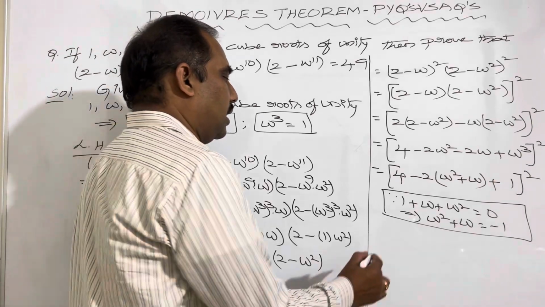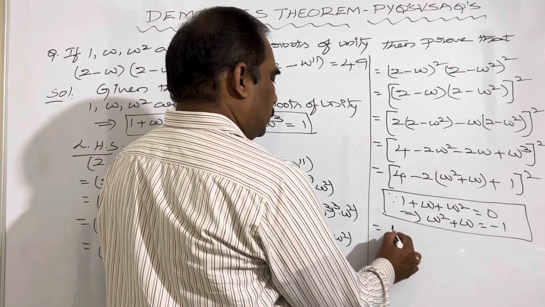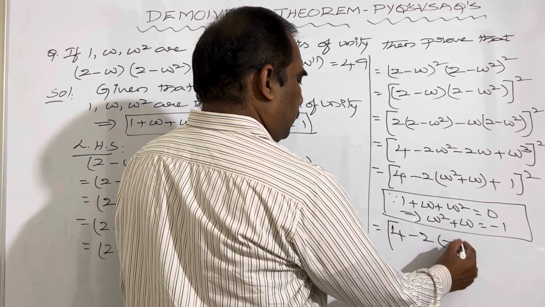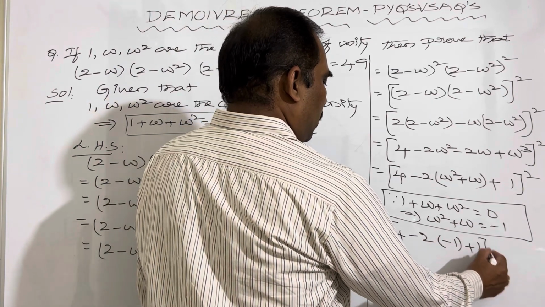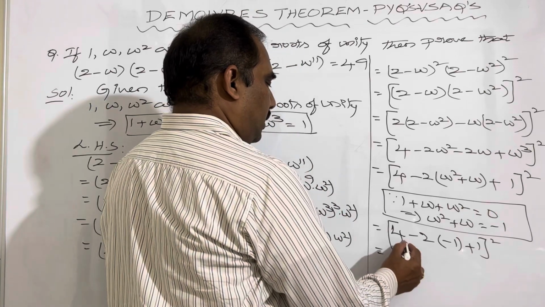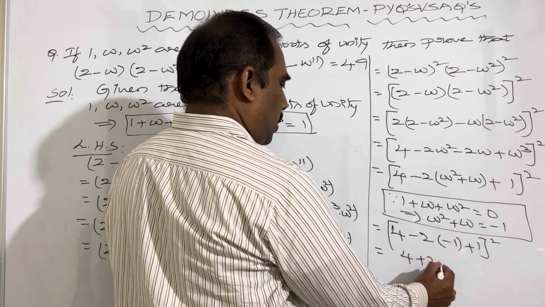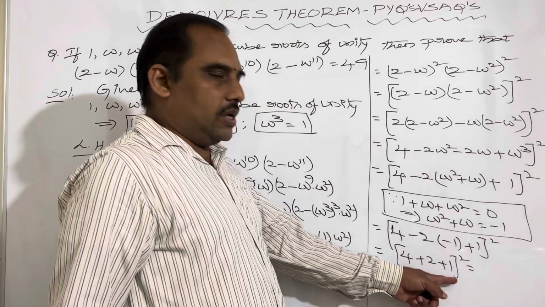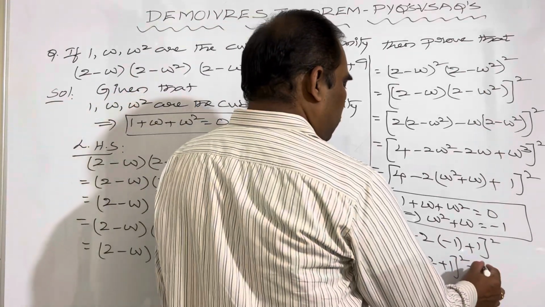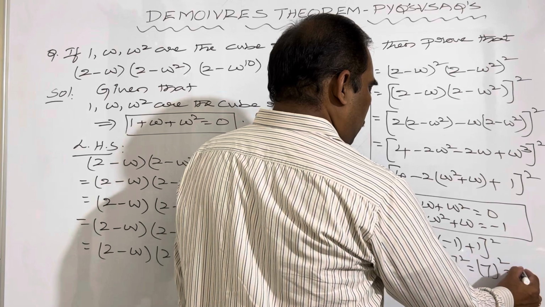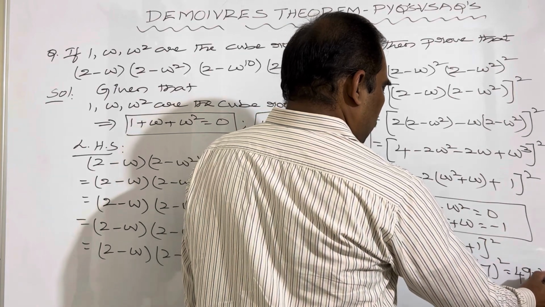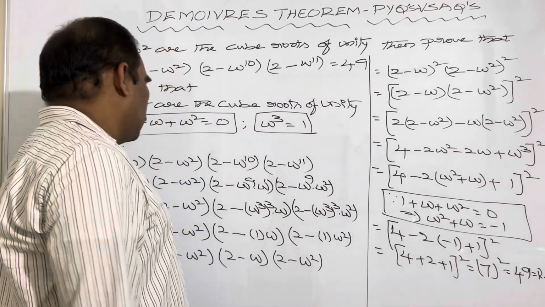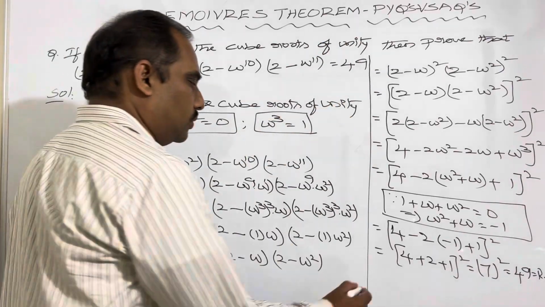So it can be written as (4 minus 2 into minus 1, plus 1) whole square, which is (4 plus 2 plus 1) whole square. Finally this is 7 square, which is equal to 49. This is the required right hand side. Therefore LHS is equal to RHS.